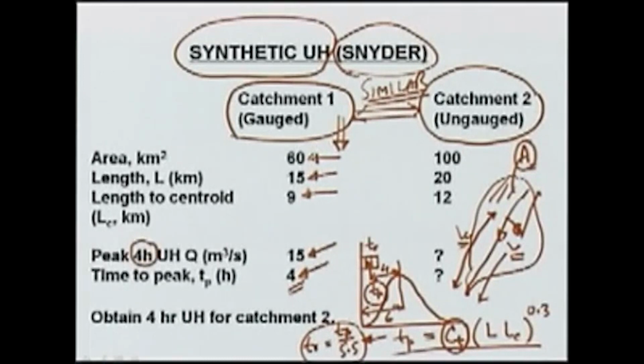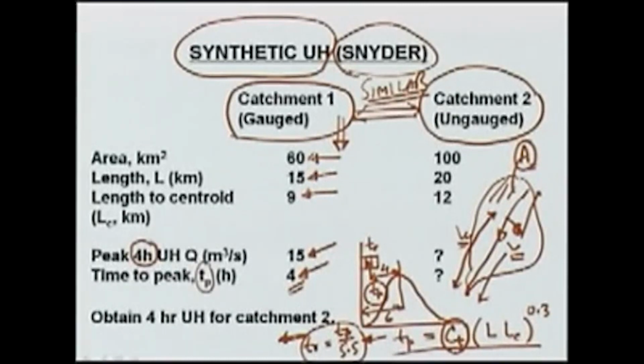So, we can see that Tr and Tp do not satisfy this relationship. So, this 4 hour is therefore not a standard duration as far as Snyder's definition is concerned. So, we would have to find out the coefficient Ct and Cp, knowing that this Tp and Tr are not standard values, and in that case Snyder has given a relationship.